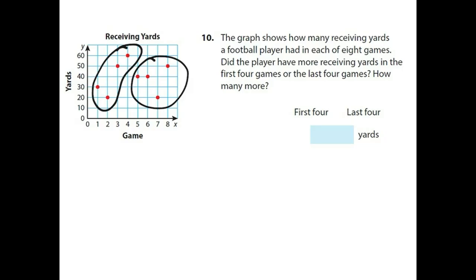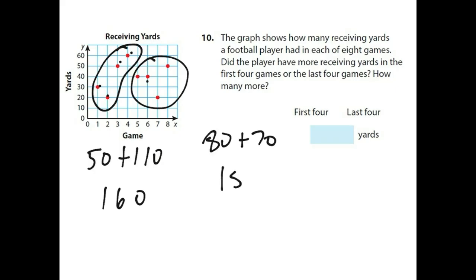So we got 20, 30, 50, and 60. 20 and 30 is 50. 60 and 50 is 110. So we've got 160 in the first 4. And then we've got 40, 40. That's 80. 20 and 50, that's 70, so that's 150.